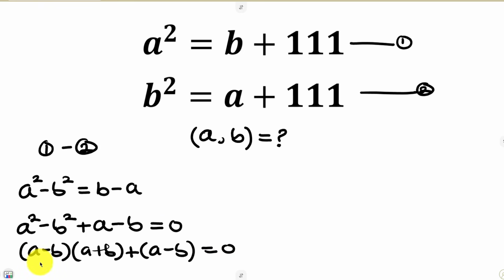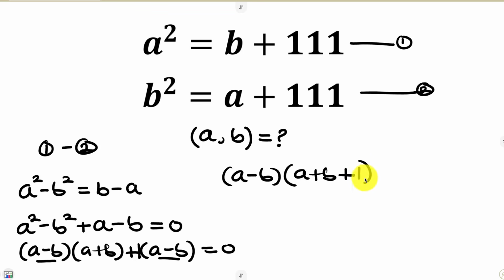Now notice that a minus b is common, so we can factor out a minus b. Now open brackets. When I factor out a minus b, I'll have a plus b remaining. So a plus b, and then plus, now I have 1 times a minus b here, so that means 1 will be remaining.